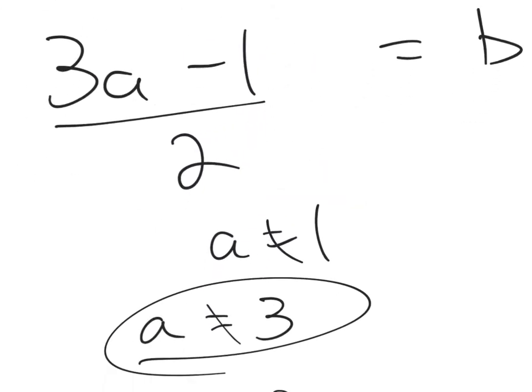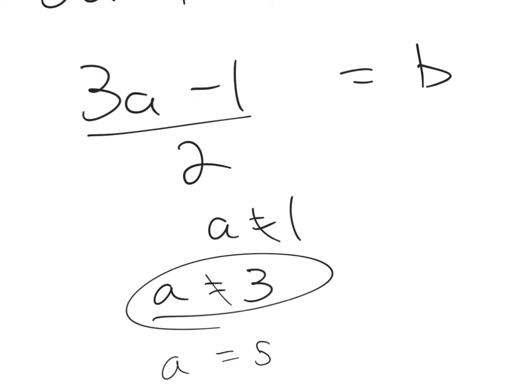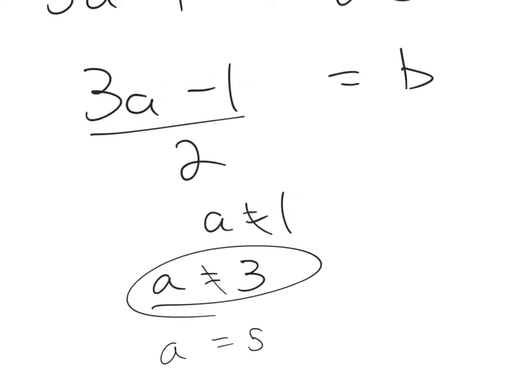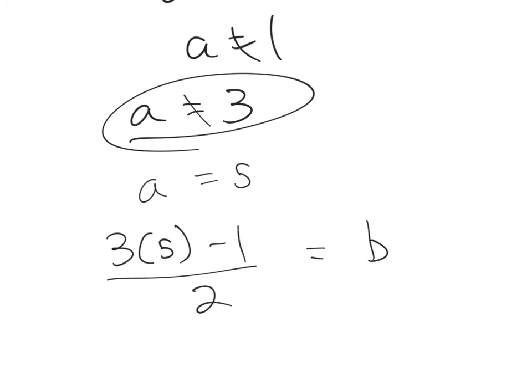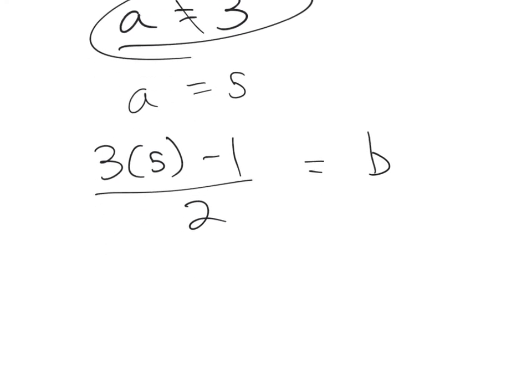So if we do that, we have 3a minus 1 over 2 equals b. So 3 times 5 minus 1 over 2 equals b. Given that's the case, that's 14 on top, that's 7, so b equals 7.